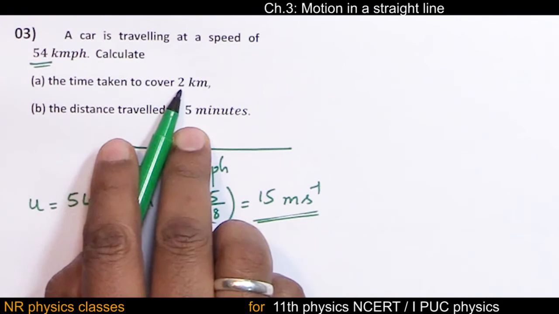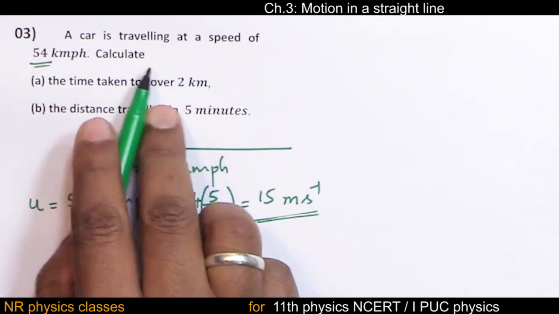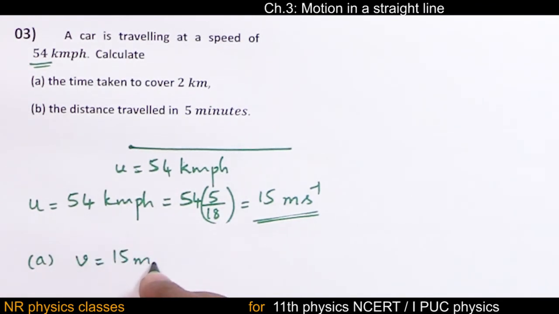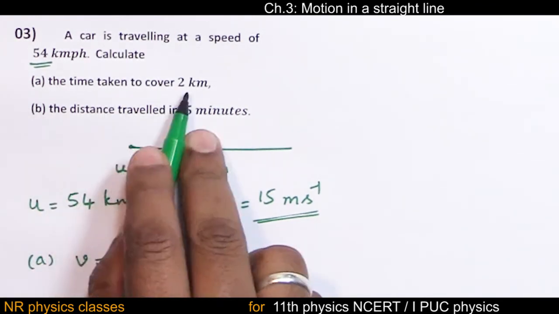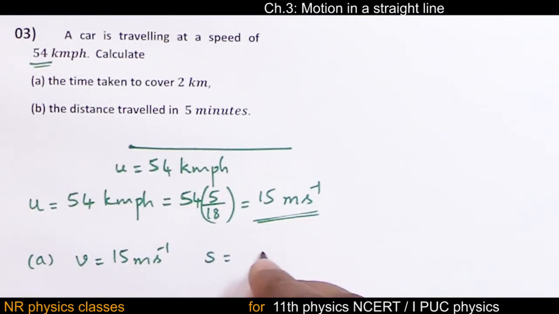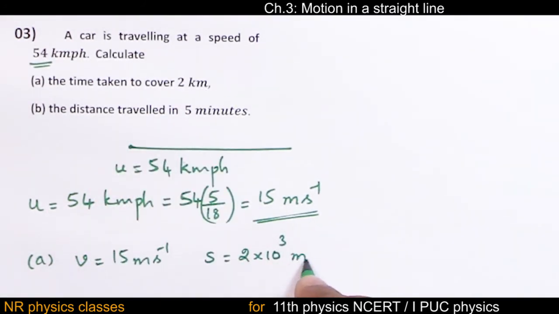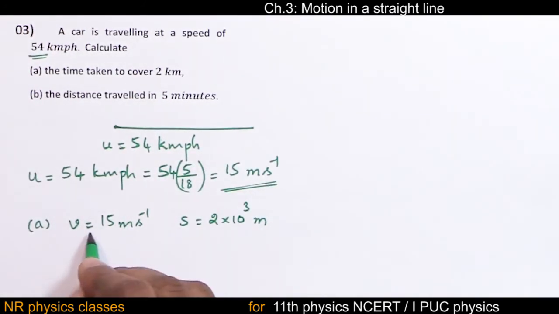Time taken to cover 2 km. So first one, speed is 15 meter per second. Distance is 2 km, 2 into 10 power 3, 2000 meter. So it is uniform velocity or uniform speed.